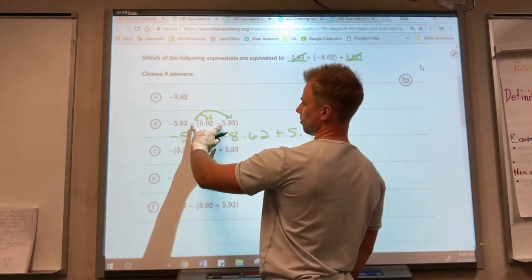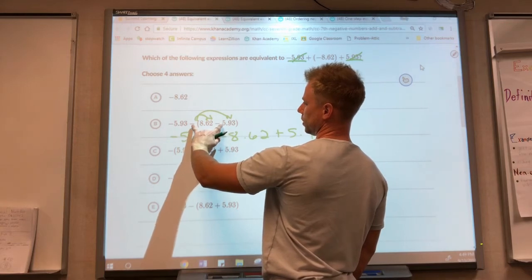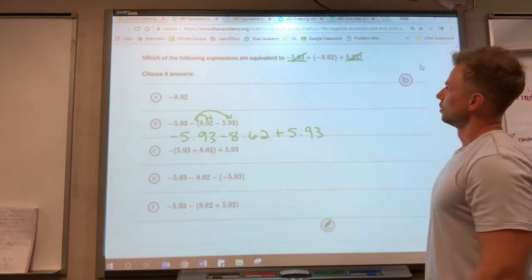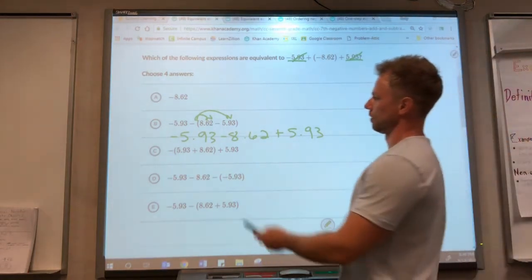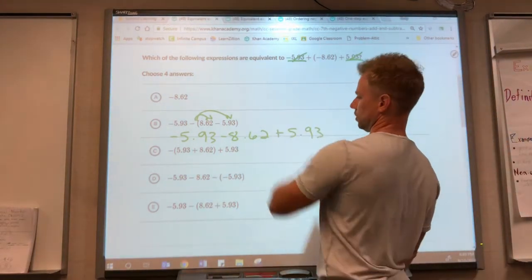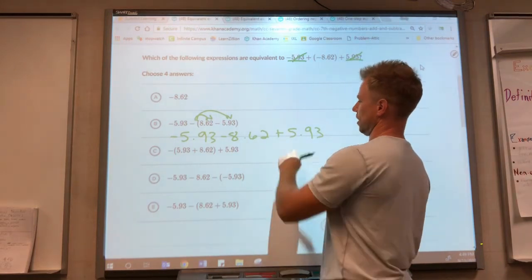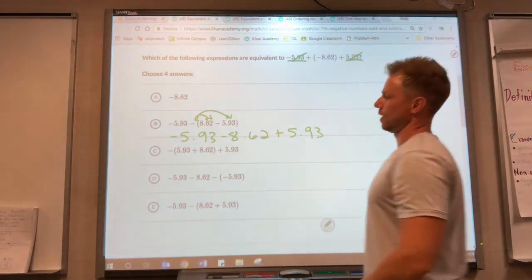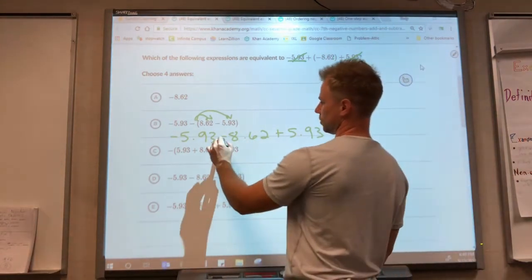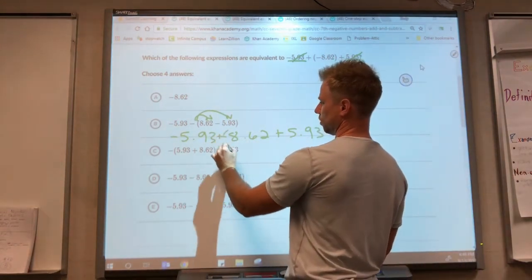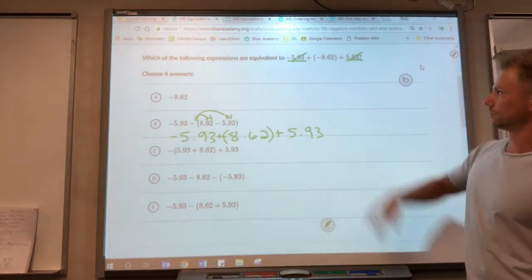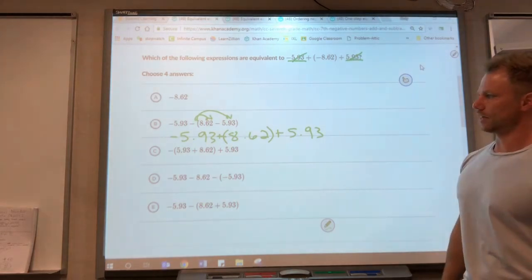Because right here we have the -5.93 and the negative out front are 2 negatives, which make a positive. So actually, this one is also equal to what we have up there, because we have a positive 5.93, a negative 5.93, and then a negative 8.62. So what I should do is put a plus and then put parentheses around that negative there to see that it is exactly the same as that one.